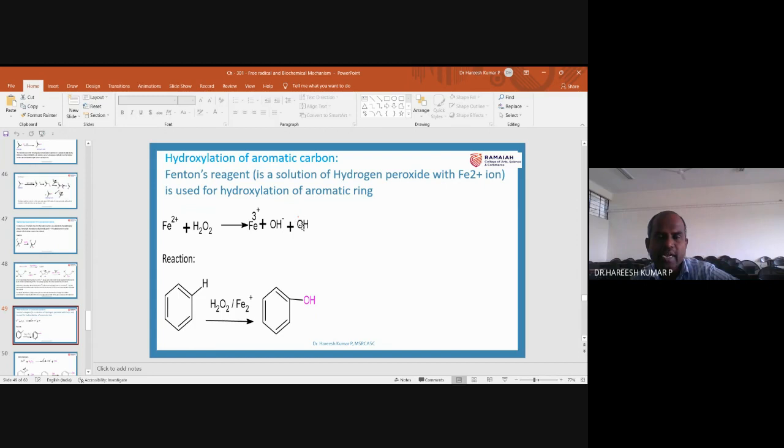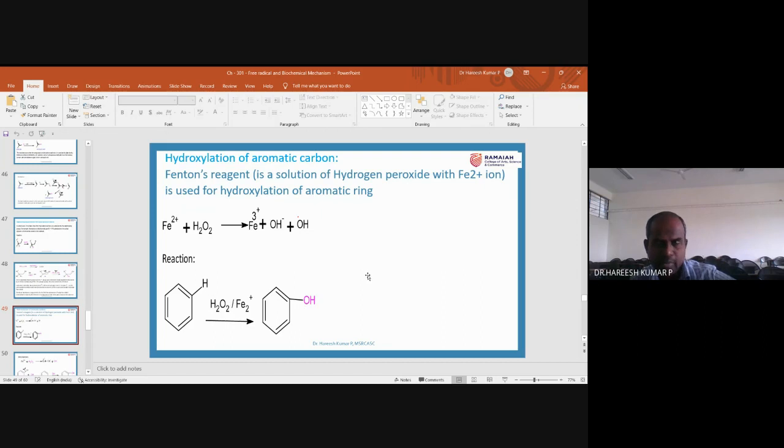The obtained hydroxyl radical is made to react with benzene. So that means the CH bond undergoes homolytic cleavage, forming phenyl radical. That phenyl radical reacts with hydroxyl radical, giving rise to phenol as the product.